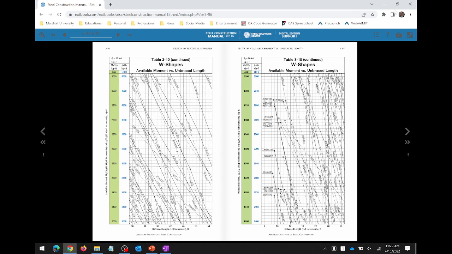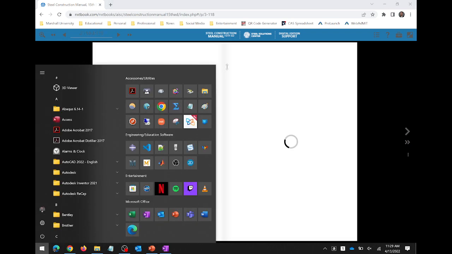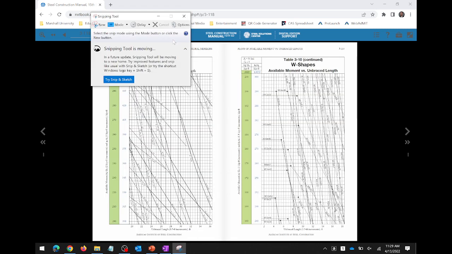Well, that's going to take a little while, especially given that I don't have a keyboard. So let's use the good keyboard, the one that likes my numbers. So 3-118. So we will break out the snipping tool.